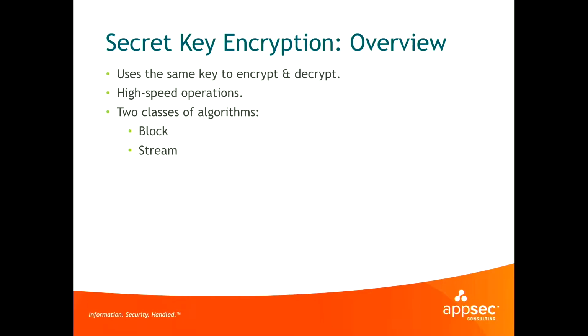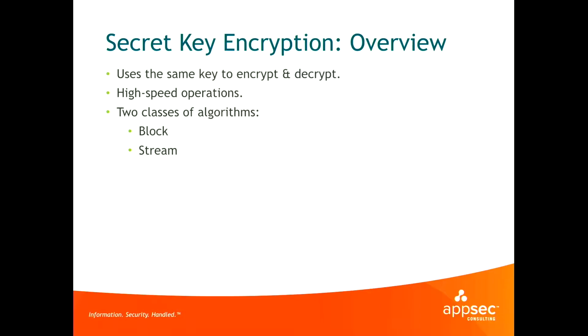Symmetric encryption is high speed, uses the same key for both operations, which means that there is the issue of providing the key to the person that's supposed to be decrypting it, be that somebody else or yourself in the future. Secret key encryption comes in two major flavors: block ciphers and stream ciphers.